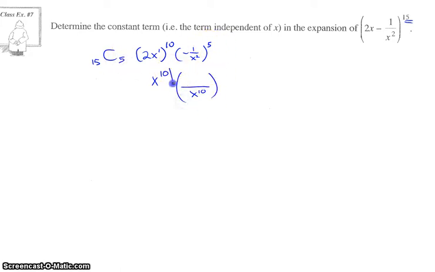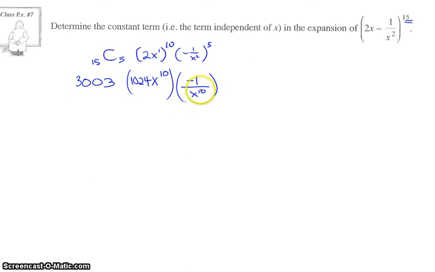We can get that number on the calculator. I think it's 3003, if I recall. And then here, 2 to the exponent 10 on the calculator would be 1024. Negative 1 to the 5 is going to be negative 1 over x to the 10.